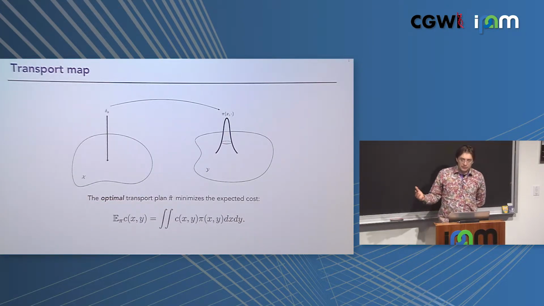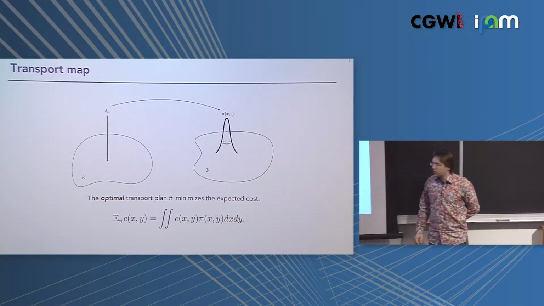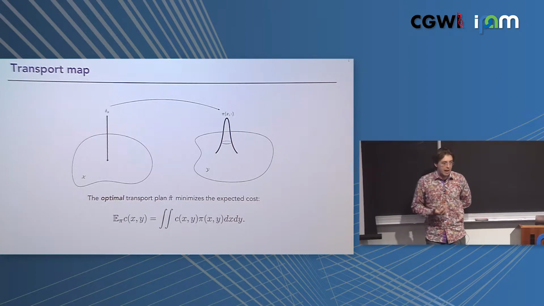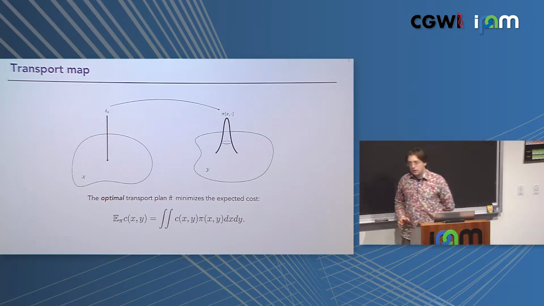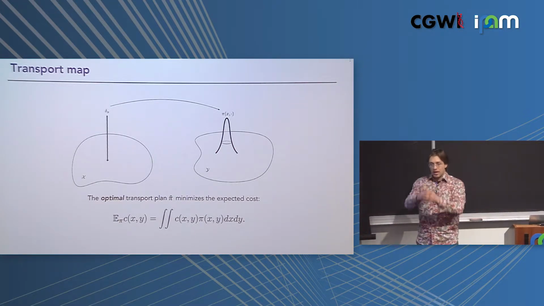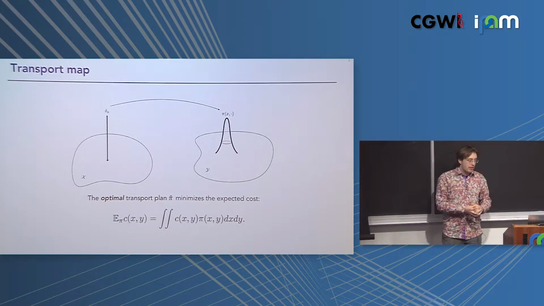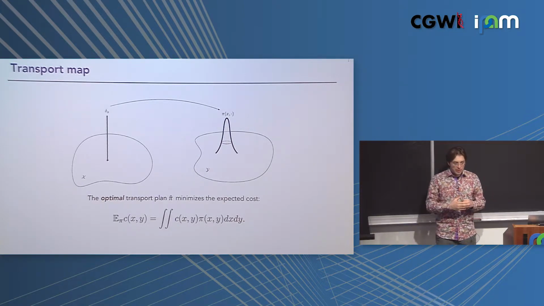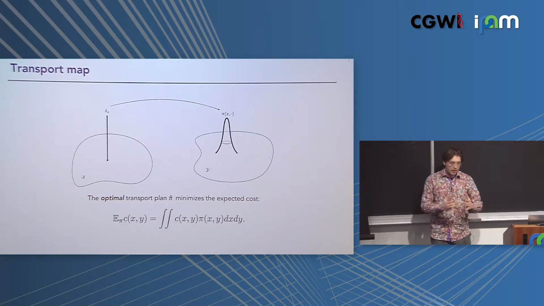Anyway, in order to figure out how to transport the dirt, we need to come up with a transport plan or transport map. Mathematically, what this tells you is that if you pick up a column of sand at position x, which we think of as a delta function at x, then the image under the map is described by some distribution. So you don't have to put all this dirt down in the same place. You can spread it out a bit, okay?